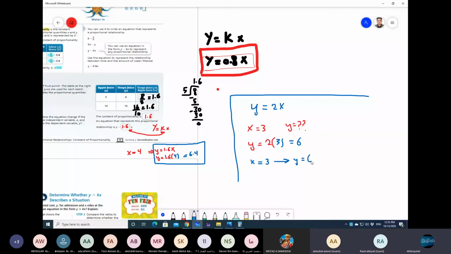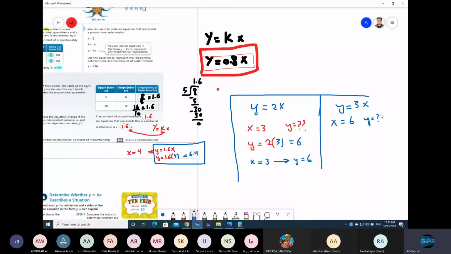Teacher, we always multiply it by 2? Not always. If you found that y equals 3x, and I told you the value of x is equal to 6, what would be the value of y? 18. Excellent.